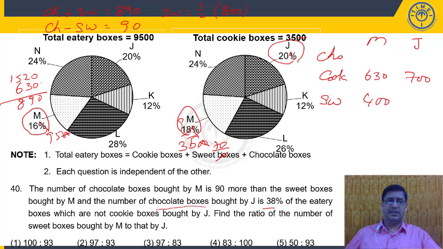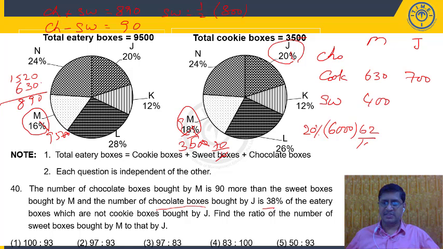Not cookies means 9500 minus 3500, which is 6000. Of that, 38% are chocolates. Remaining, 38 subtracted from 100 results in 62%.